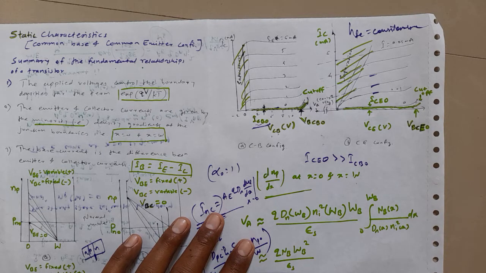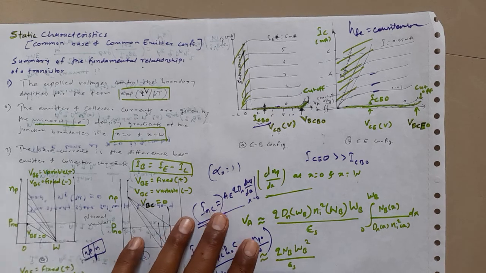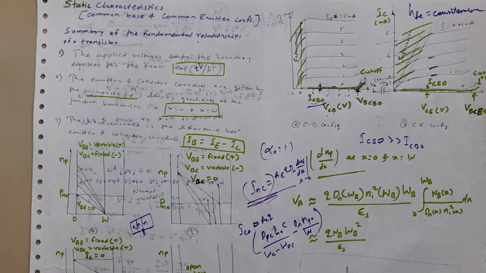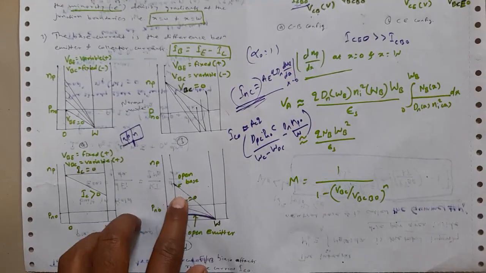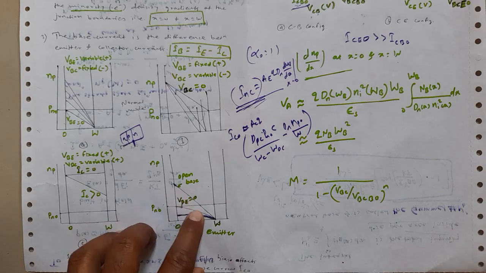Physically the open base floats to a slightly positive potential, increasing the collector current, and its slope for the open base is shown over here.